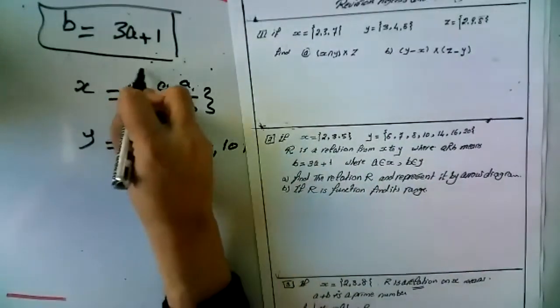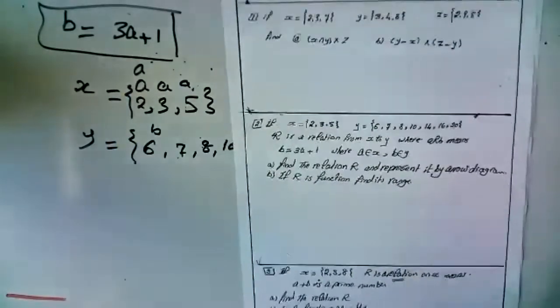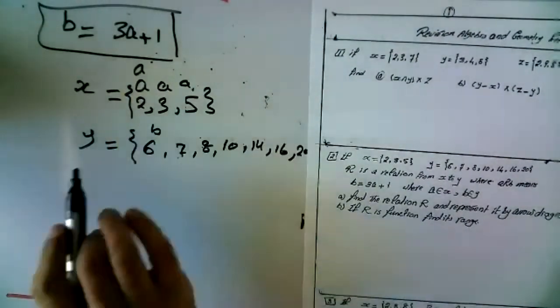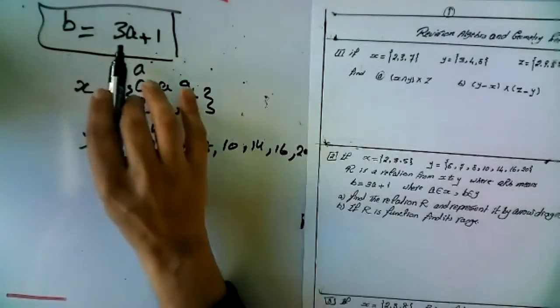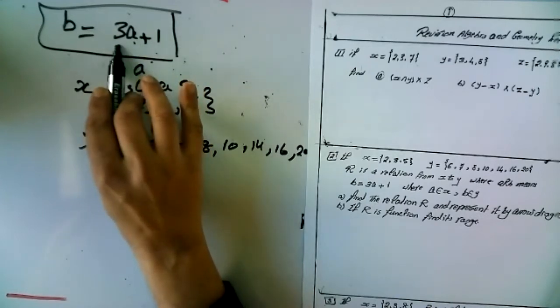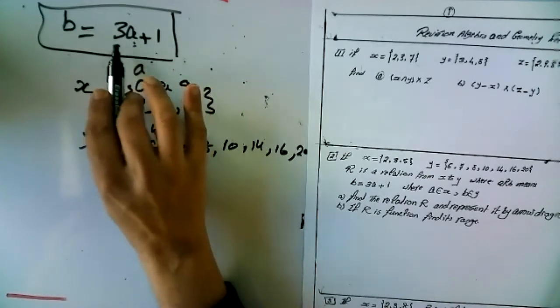The relation is b equals 3a plus 1. This means that you are going to multiply every element in the set x by 3 and add the result to 1.